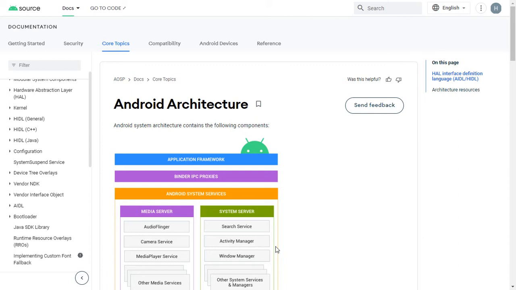The first question that arises in our mind is why Android uses a multi-level architecture. Android uses it for several reasons. The major reason is that if one application or system service component fails, it will not crash the complete system.